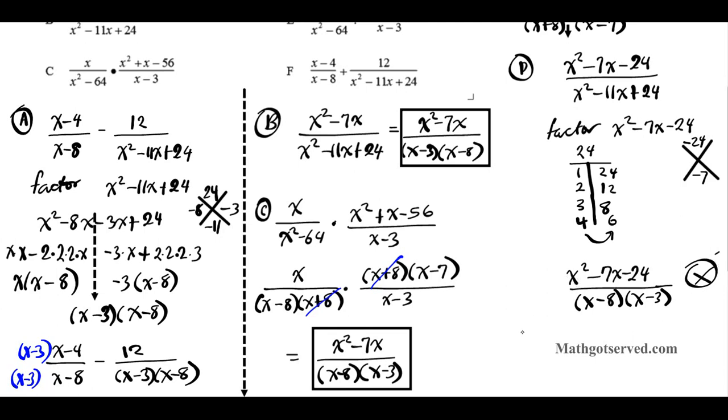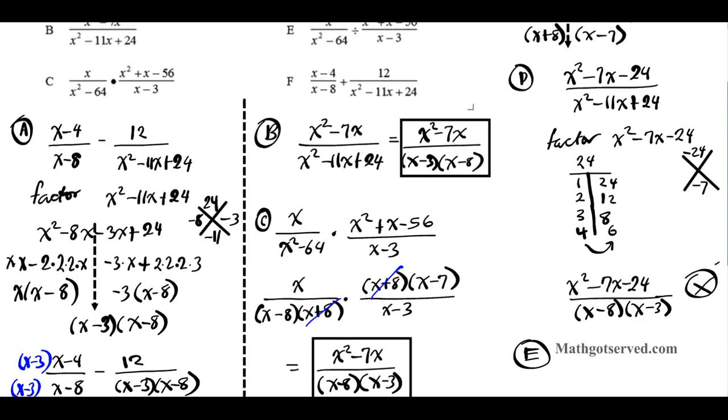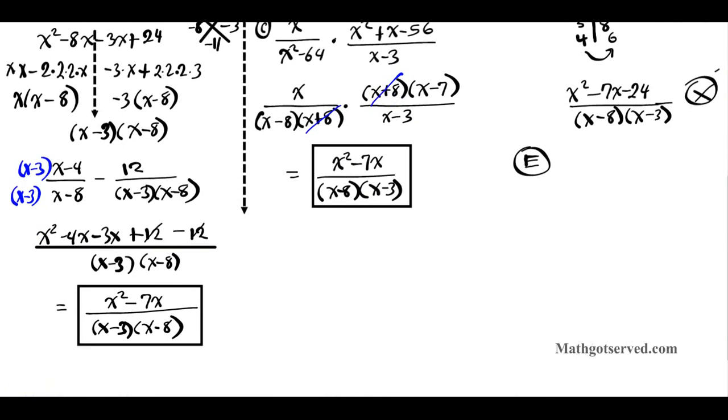All right, let's take a look at option E. So for option E, we have a division problem. We are to divide x over x squared minus 64, that divided by x squared plus x minus 56 over x minus 3.